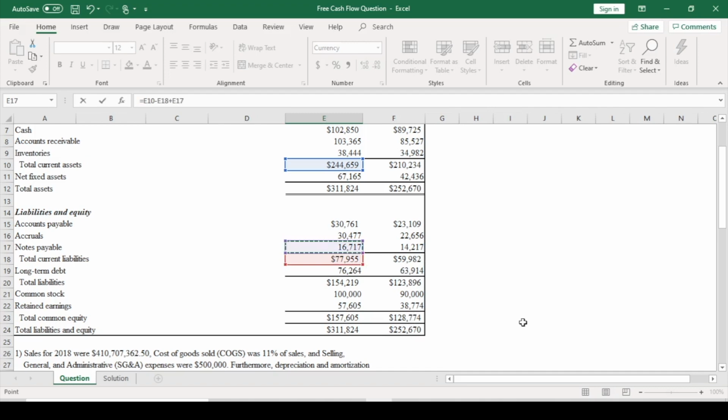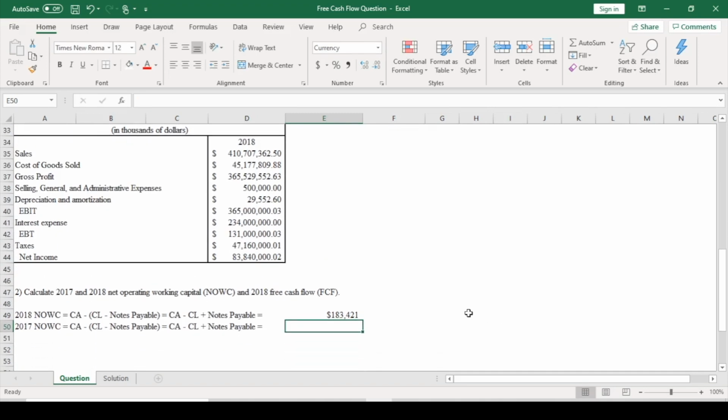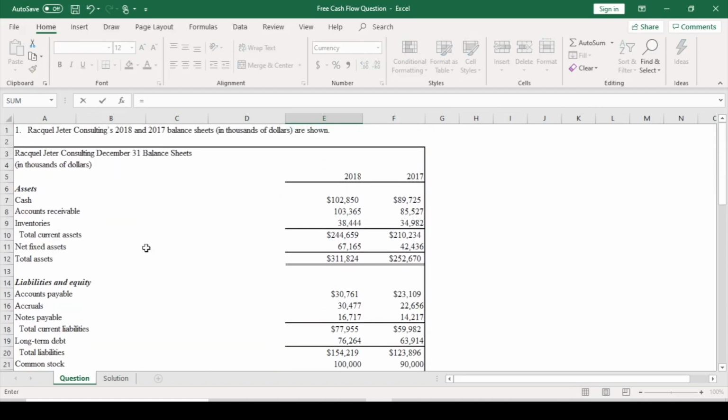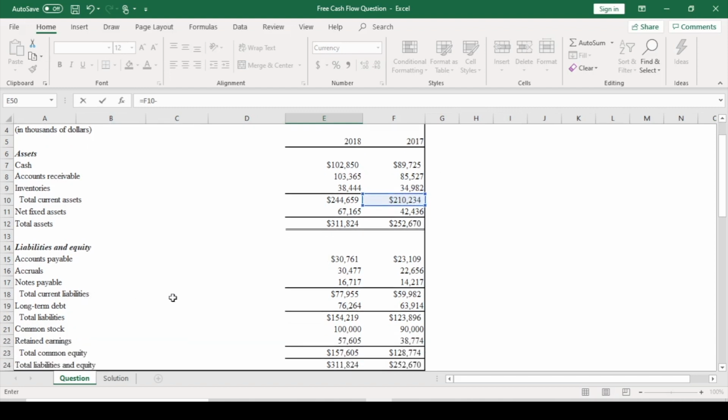Okay. 2017, same. Find your 2017 current asset minus current liability plus notes payable.